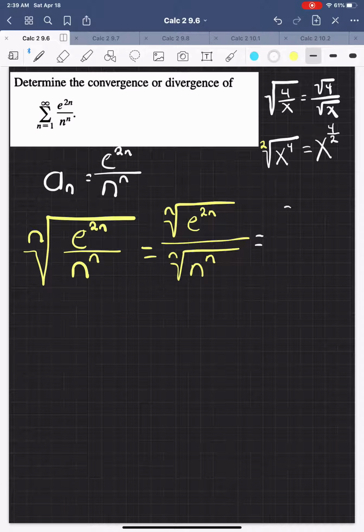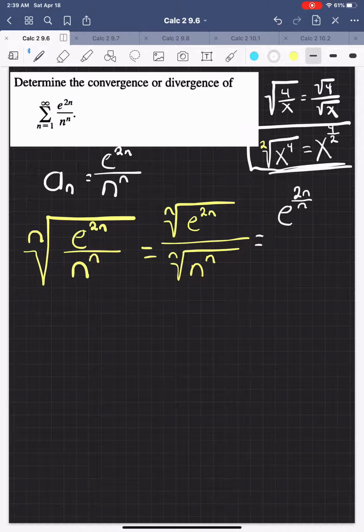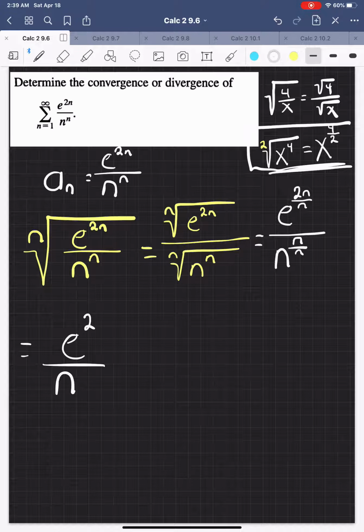So this is going to be e to the power of 2n. Notice the radical disappeared because you're now dividing by n. Again, look up here at this if that is confusing you. Over n to the power of n, and now the radical disappeared, so that's divided by n. So in this case, we end up with e squared over n to the power of 1.